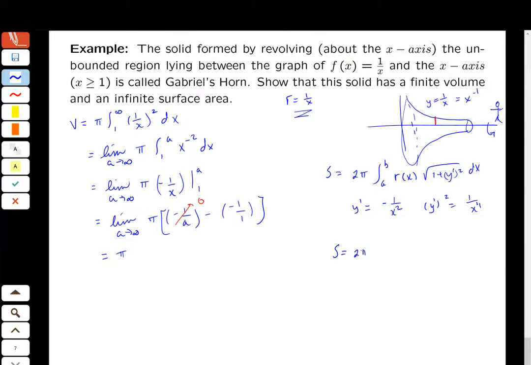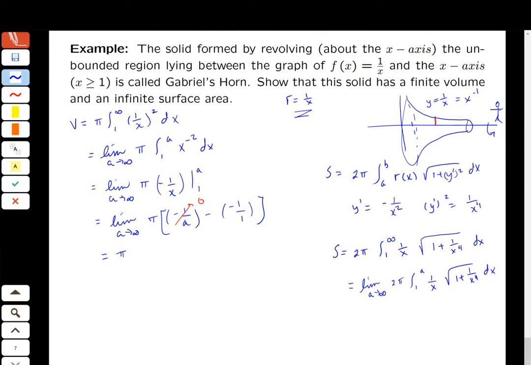We get 2 pi integral from 1 to infinity, 1 over x square root 1 plus 1 over x to the 4th dx. Do I have an infinity in one of my endpoints? Yes. So I have to pass to the limit before we can evaluate it. We're going to have the limit as a goes to infinity, 2 pi integral from 1 to a, 1 over x, square root of 1 plus 1 over x to the 4th dx.